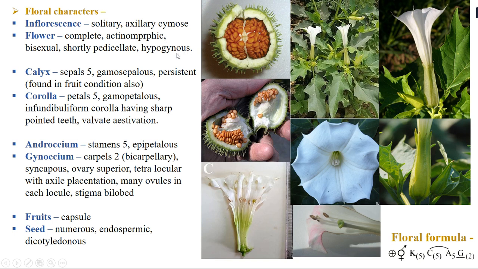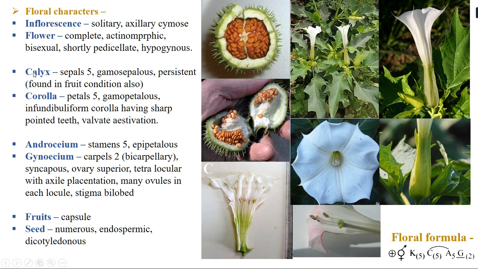As I told you previously when we were studying the characteristics, hypogynous is when the ovary is superior. For that you can see this picture. This is the ovary and the ovary is superior, where all the whorls, the petals and the sepals, are arising from beneath the ovary. Okay, so it is a hypogynous flower.